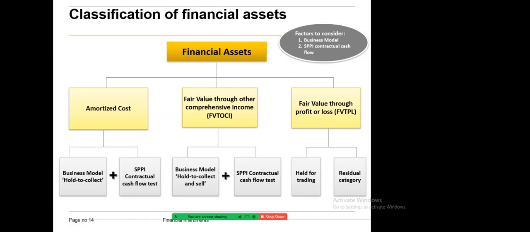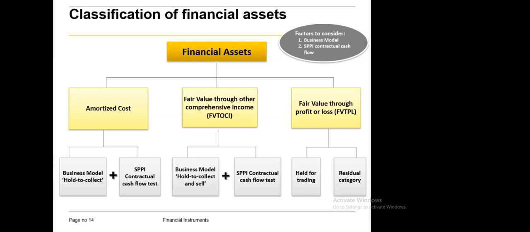Like if I give you an example of security deposits given. Security deposits given will be the pure play case of your amortized cost. How will it be the pure play case of your amortized cost? Because if you have given 100 rupees today as your security deposit, you will be getting those 100 rupees back maybe after 5 years.